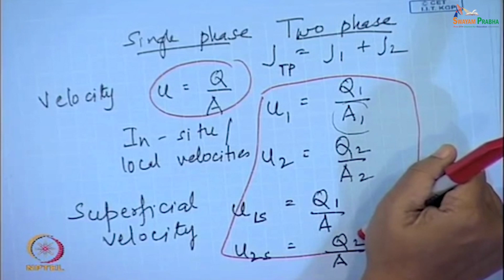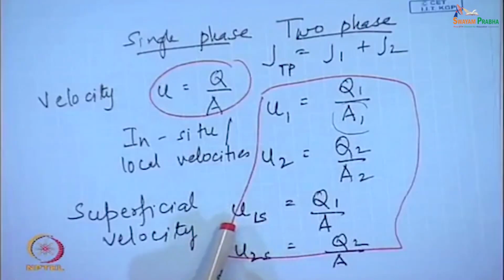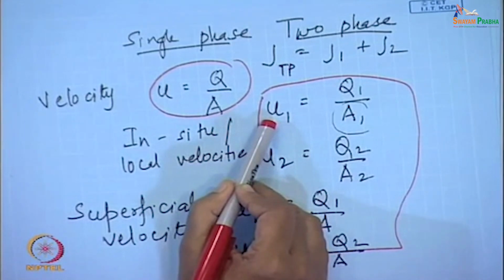We define the superficial velocity as the velocity which the fluid would have had if it flowed alone in the pipe. So, if only phase 1 had flowed alone in the pipe, the velocity it would have had is u1s. But now, with what velocity does it flow? It has the velocity u1.